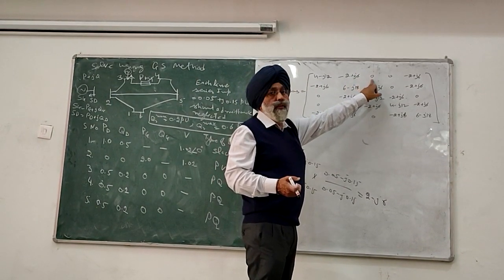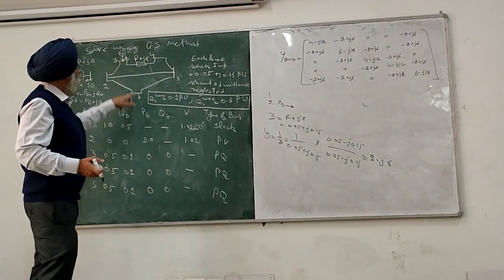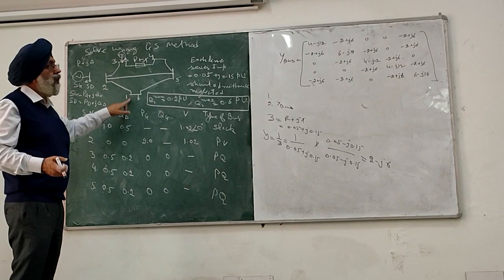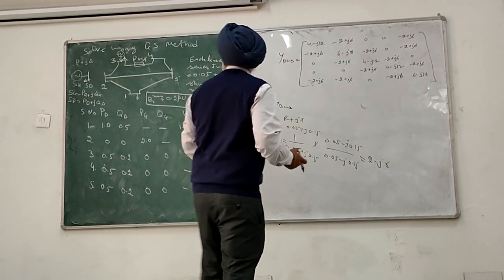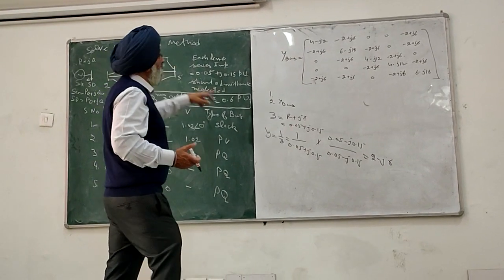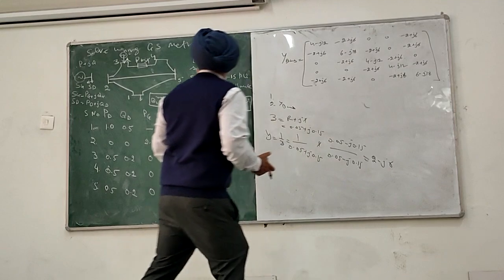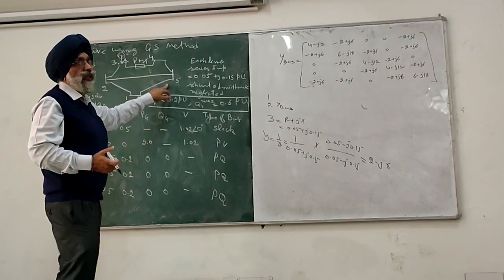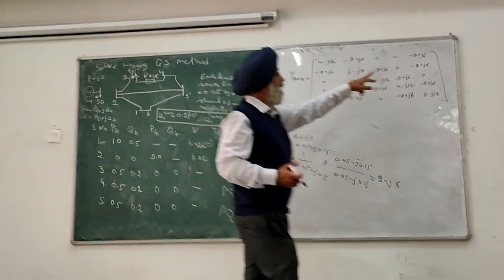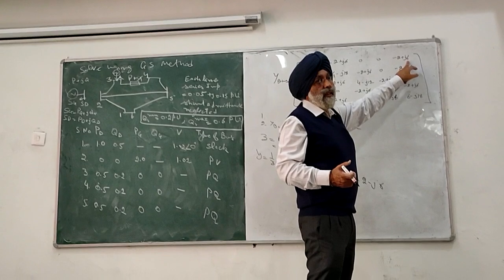Then Y13: there is no line between 1 and 3, so this value is equal to 0. Similarly, between 1 and 4 there is no line, so this value is 0. Then 1 and 5: for this line, the admittance is minus 2 plus j6.